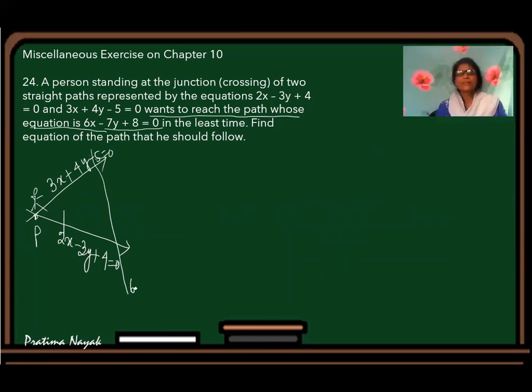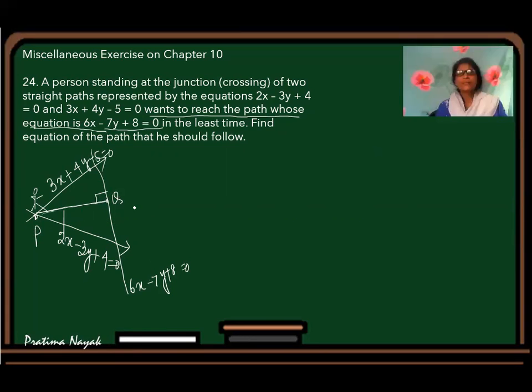He wants to reach this path in least time. Least time means he will go along the perpendicular distance. That means the question is about PQ, the perpendicular distance from this point P to this line.